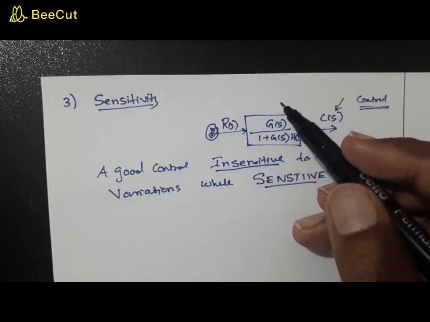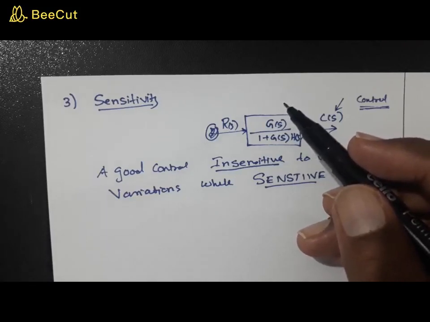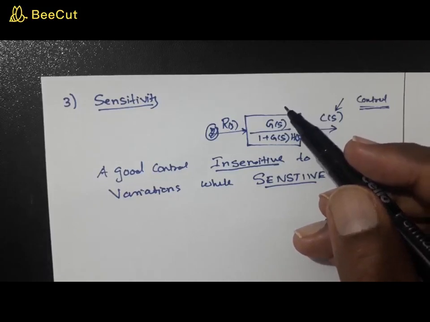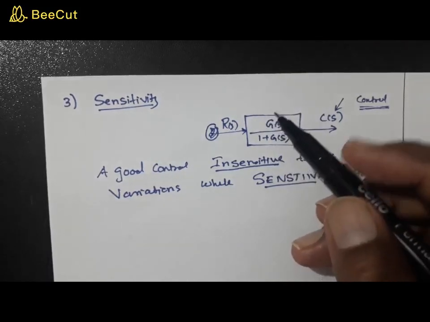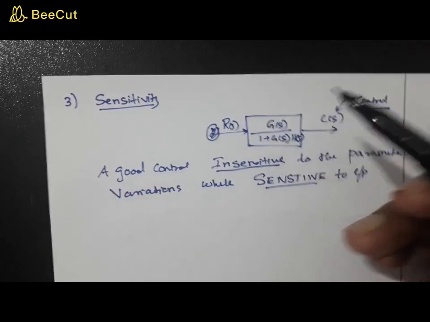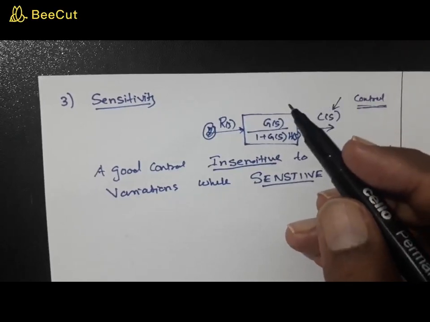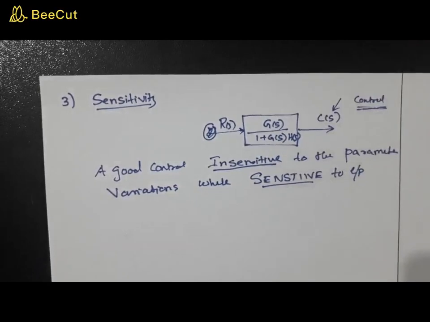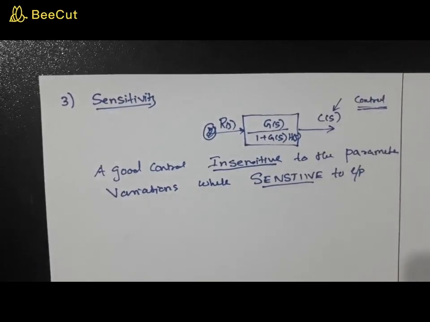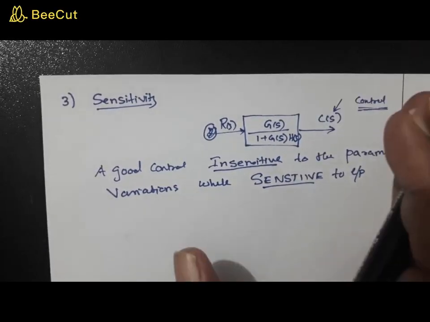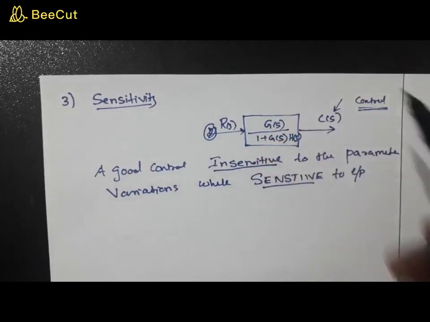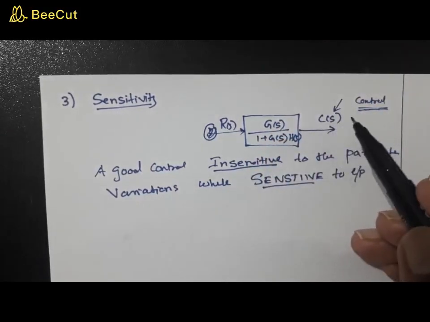Even resistance depends on temperature. So as the temperature increases, these parameters can change. The internal components of this system can change. So that change can affect the output.